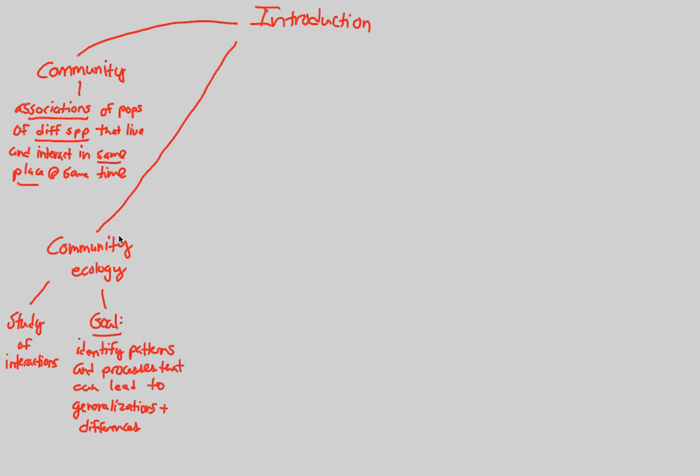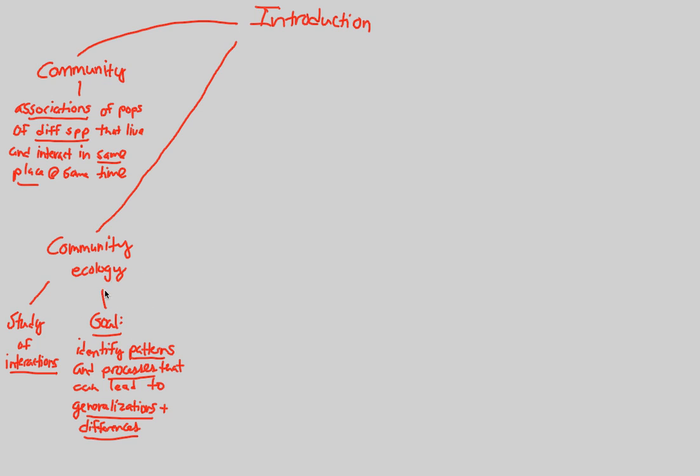Go back to our definition of a community: associations of populations of different species. So we want to make some generalizations about those different species. Why are they different? And of course we want to look at the differences between them in much greater detail by understanding the patterns and the processes that they complete within their environment, the interactions that they have between each other, and between the environment as a whole. So it's a very broad study that we'll look at in much greater detail as we move forward.